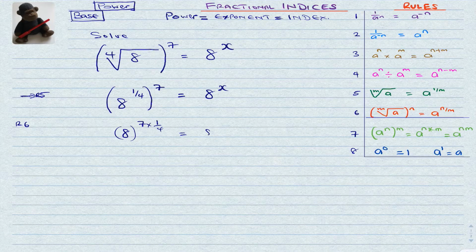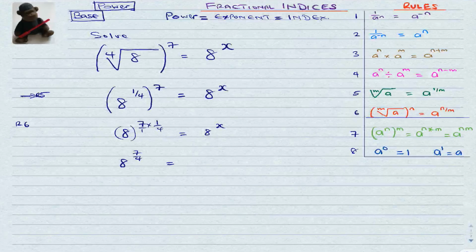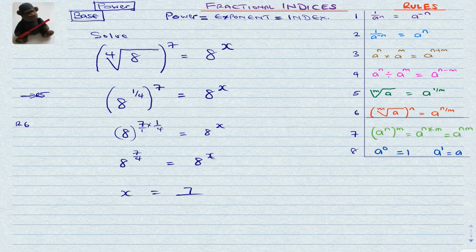That will be equal to 8 to the power of x. So 7 times 1 over 4, don't forget the 7 is over 1. If you're multiplying fractions, you multiply the numerators and then you multiply the denominators. So that will become 8 to the power of 7 over 4 equals 8 to the power of x, which implies that x equals 7 over 4.